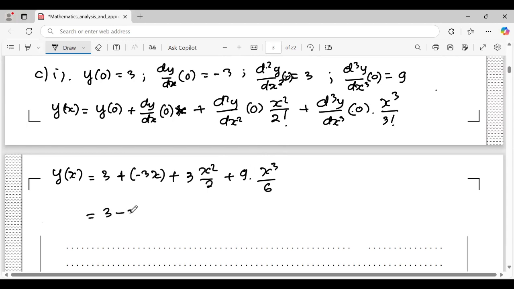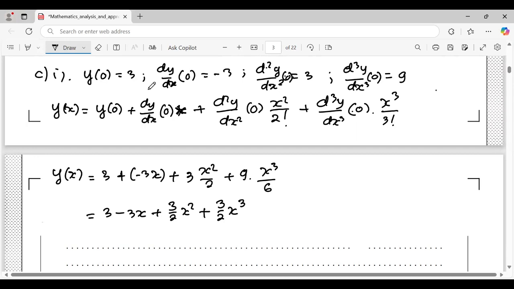3 minus 3x, plus 3 half x squared, plus 9 divided by 6, simplify, 3 half x cubed. This one.